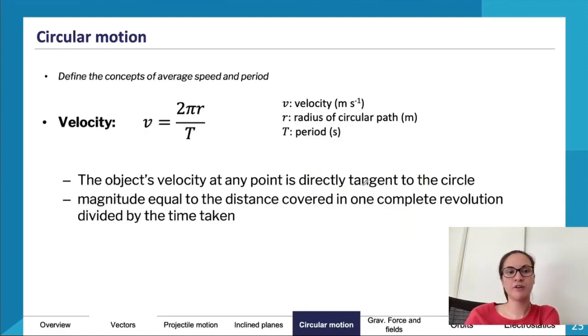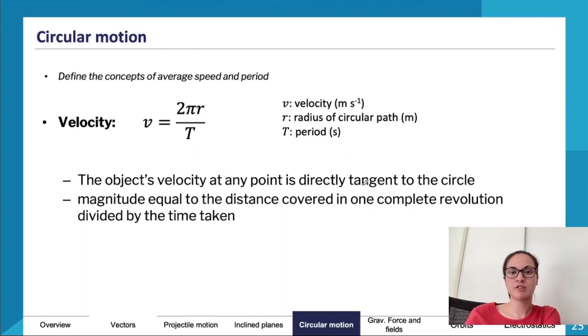So now we need to define the concepts of average speed and a period. So velocity for circular motion is defined as 2 times pi times the radius divided by the period. And those are all measured in their respective units.